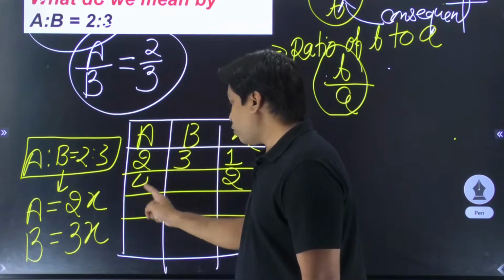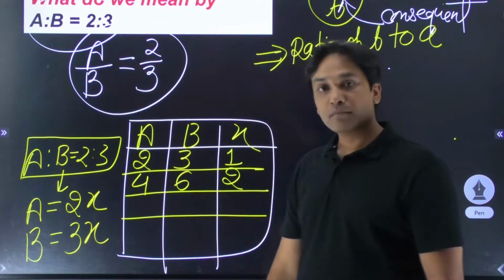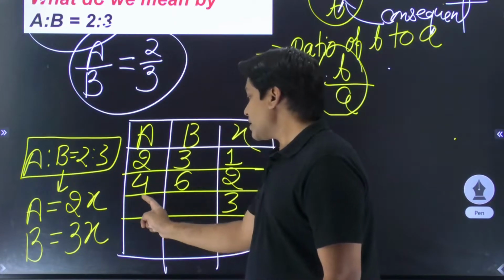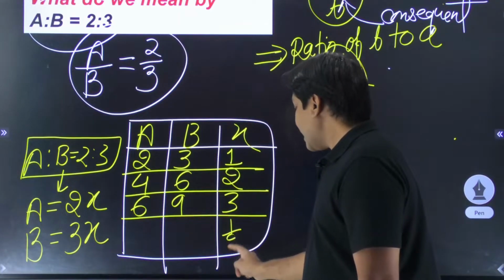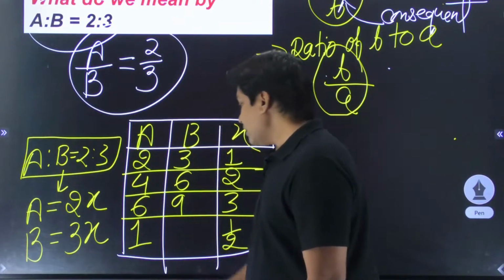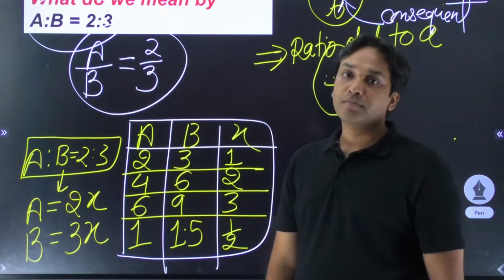It is going to be 4, 2 into 2. And what is going to be the value of B? This is 6. When I take this value as 3, so this is 2 into 3 which is 6, and this is 3 into 3 which is 9. What if I take x as half? Then A will be 1 whereas B will be 1.5.